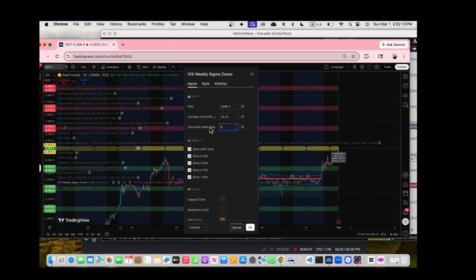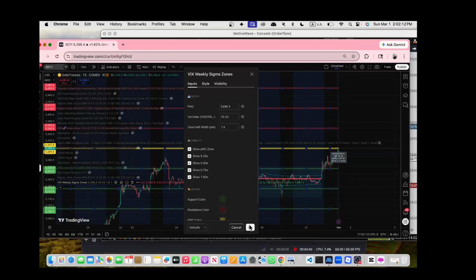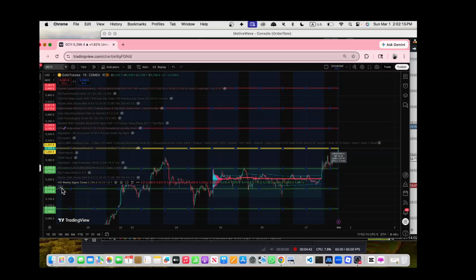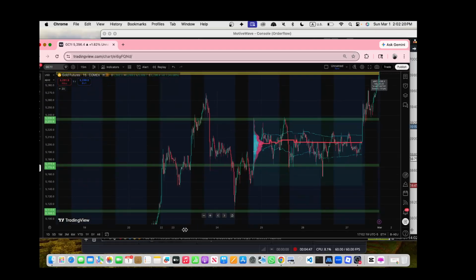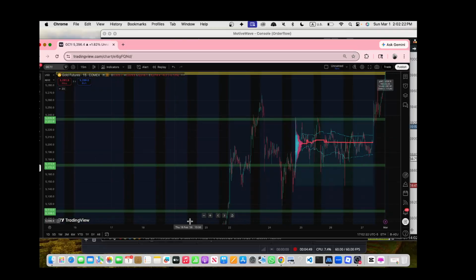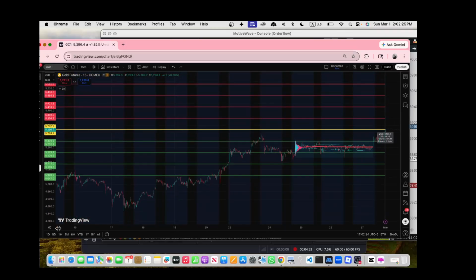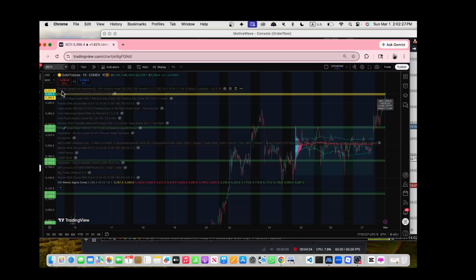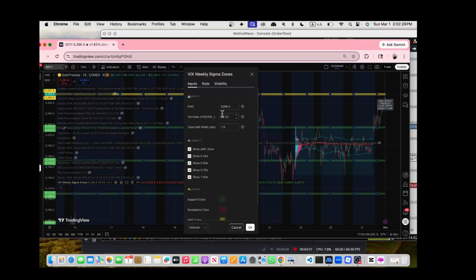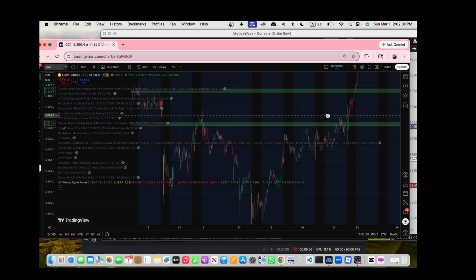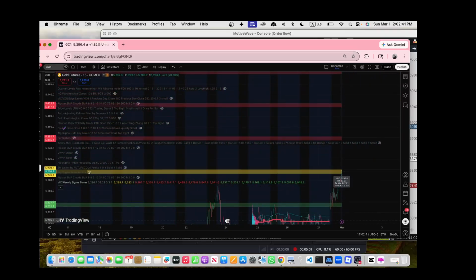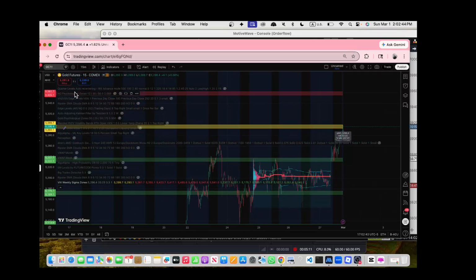And then we want this to be 1.5. And yeah, that's basically it. Actually, the other thing you could do is 10% of the volatility index number that you got. So you could do the 3.3, and that would also work. And yeah, that's basically it for that.